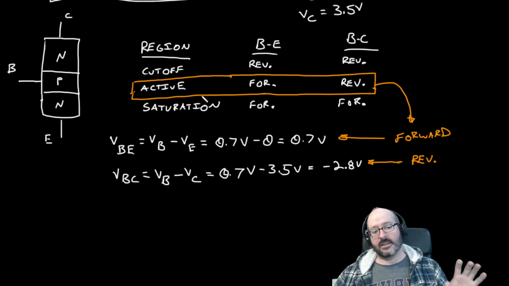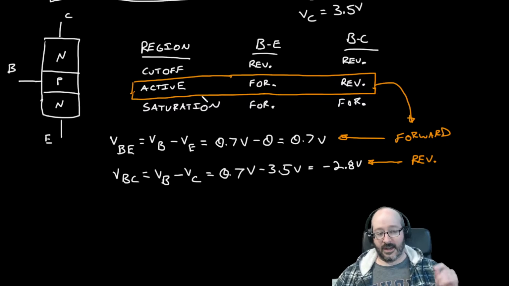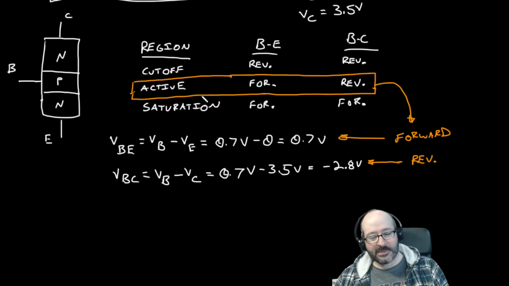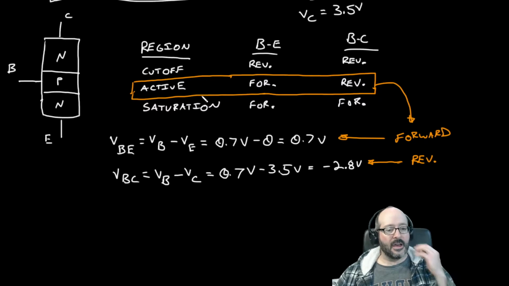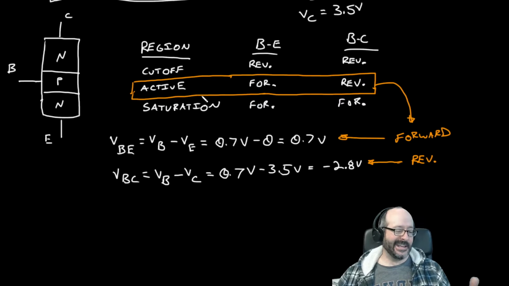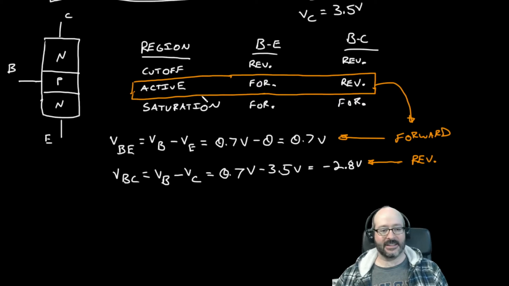So there will be cases, and I will demonstrate them, where it's a little ambiguous. We're like, I think it's active, it could be cut off, we don't know. So that leads to maybe needing another way to validate this assumption.